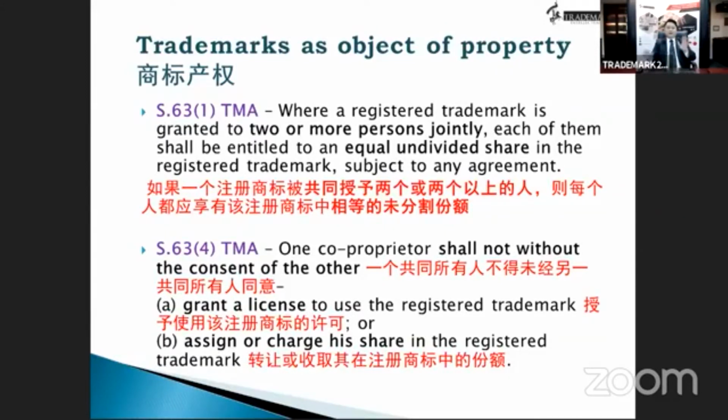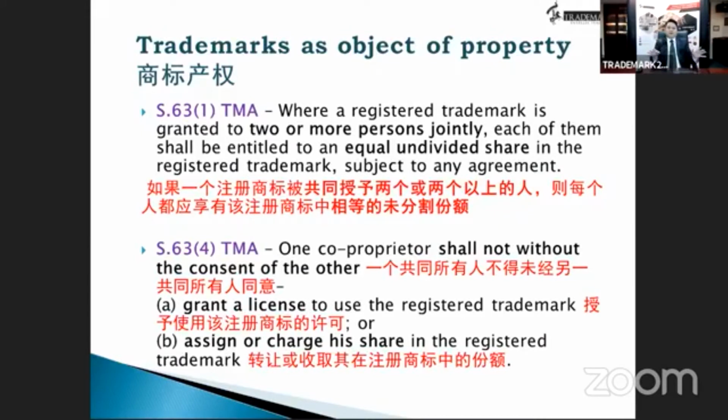So under 63 of the Trademark Act, let's say you have 2 jointly owned parties, equal share partnership of the trademark. Can I assign my trademark to a third party without the consent of the others? The answer is no. You cannot do that.